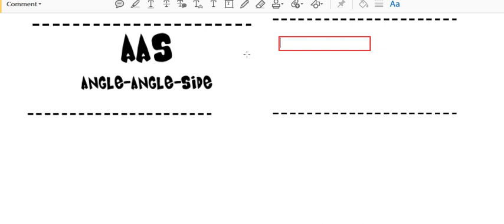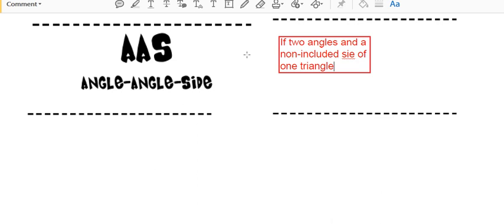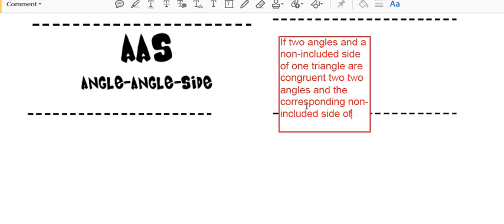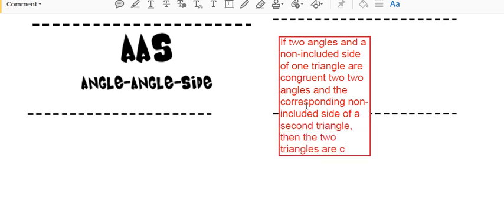So for angle, angle, side, we have if two angles and a non-included side of one triangle are congruent to two angles and the corresponding non-included side of a second triangle, then the two triangles are congruent.